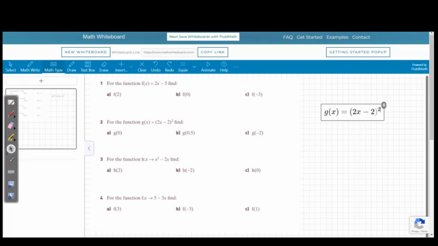Good. So the first question says we should find g of 0. So wherever we see x, we put 0 there. So this will be g of 0 is equal to, open our brackets, this will be 2 times, so the dot there is multiplication.